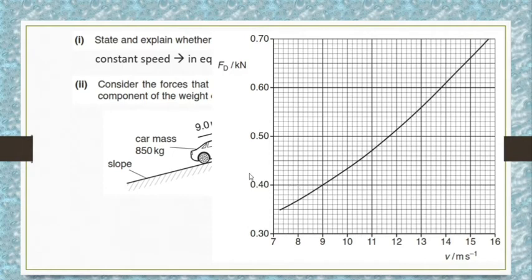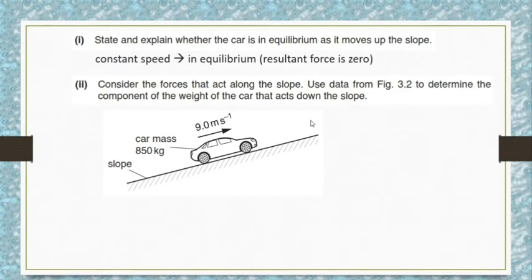It will be 0.4 in the unit of kilonewtons. So I want to write this down, that Fd is 0.4 kilonewtons when the speed is 9 meters per second. And I want to draw the forces that act on the car. We have the weight, and this is the x component of weight, and this is the y component of weight.